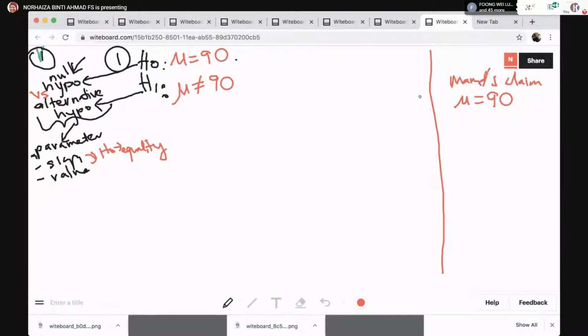They should be the opposite of each other. Please note that when you write your hypothesis, these three elements have to be in there. You can't just write equals to 90 or not equals to 90. You need to write the full statement of the parameter, because you're testing on the parameters. Okay, that's the first step.